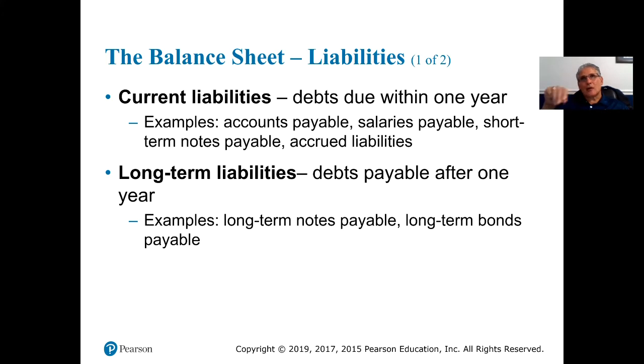Believe it or not, not all of it, but for now, let's just assume all of it. If you sign a note that's going to be paid off over 5 years, that is going to be considered long-term liabilities. When you purchase a home and promise to pay it back over 15 years or 30 years, that's a long-term liability.